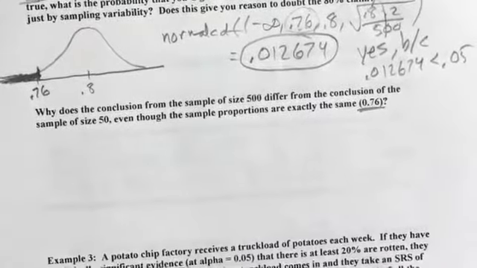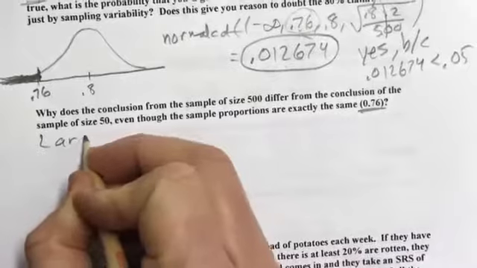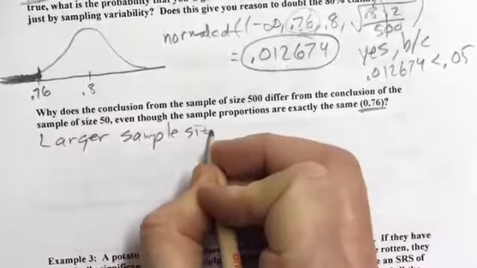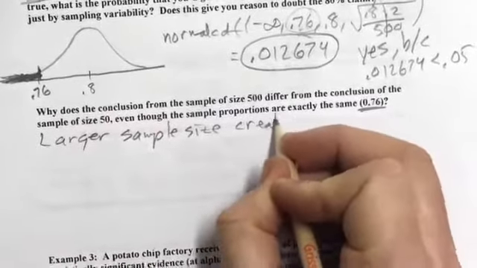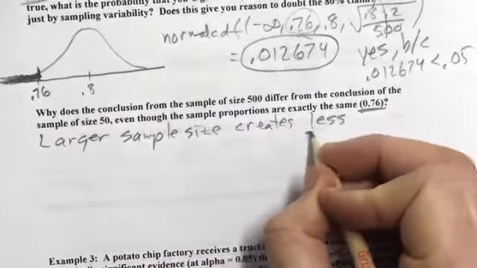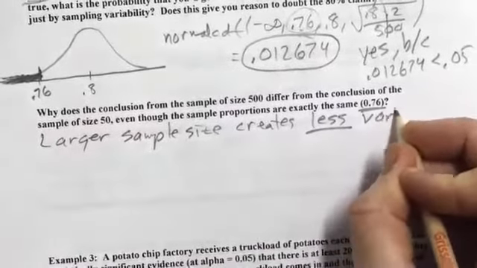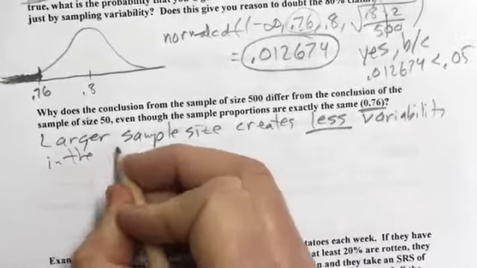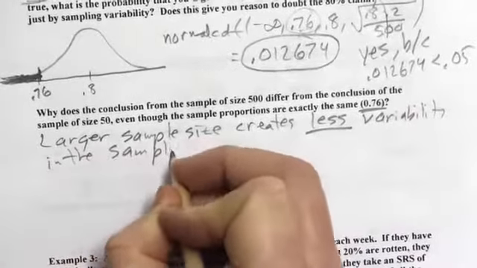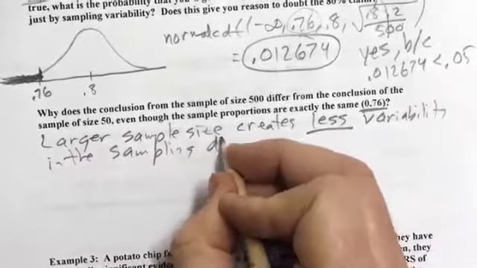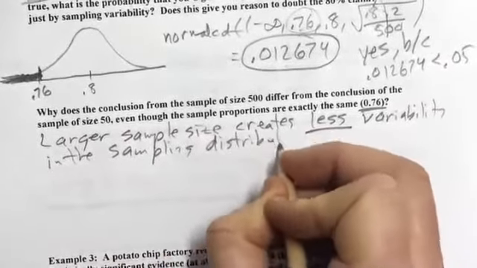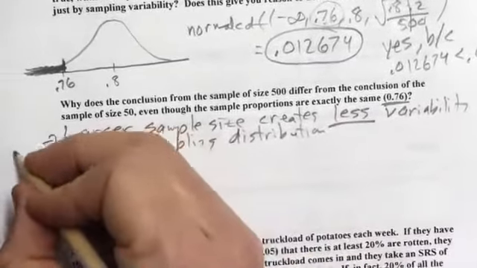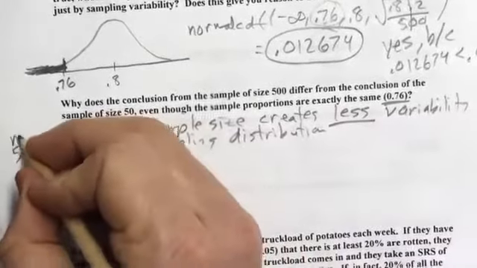The reason is this: the larger sample size creates less variability in the sampling distribution. The larger one would be the sample size of 500. So n is equal to 500.